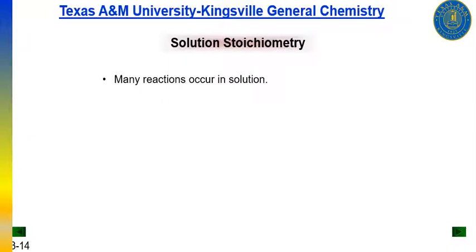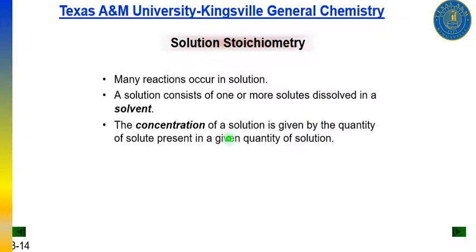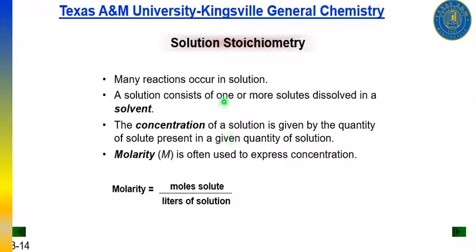And then about solution stoichiometry, what you need to know is that many reactions will occur in aqueous solution particularly. A solution consists of 1 or more solutes which are dissolved in a solvent, meaning a solution is a mixture.